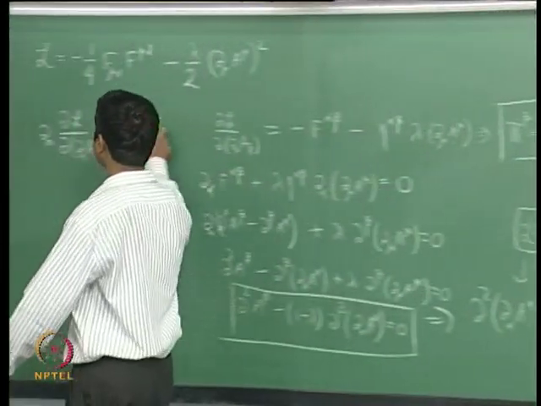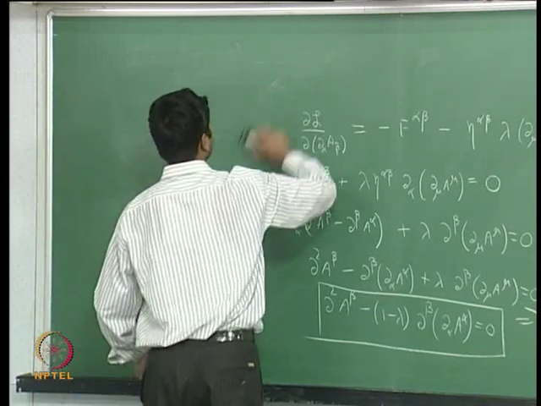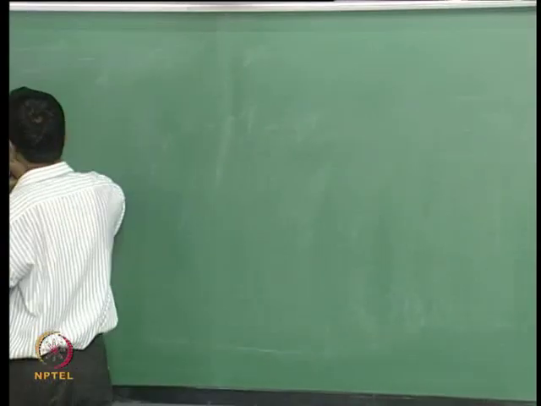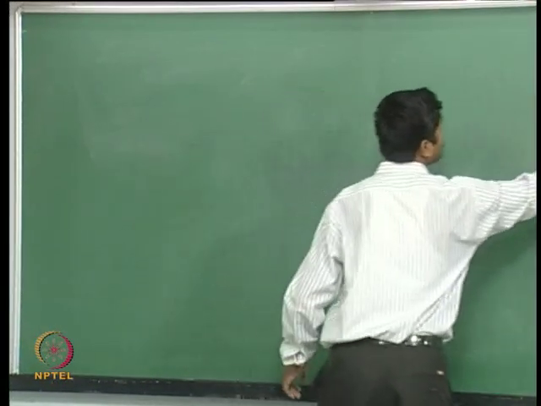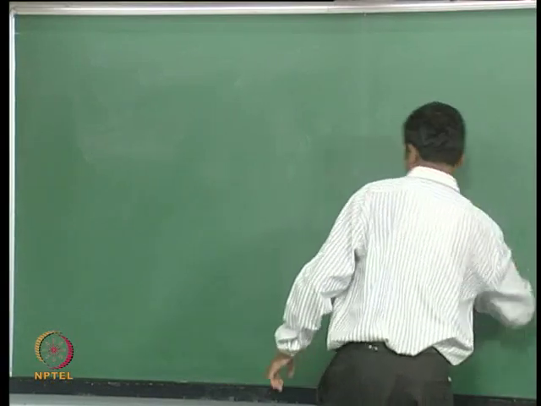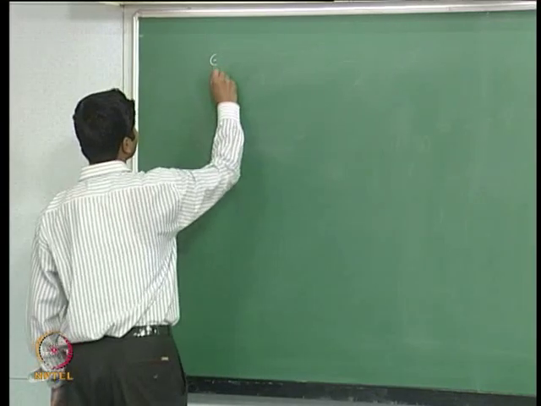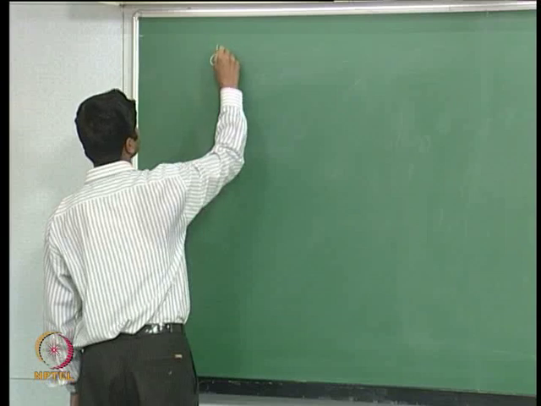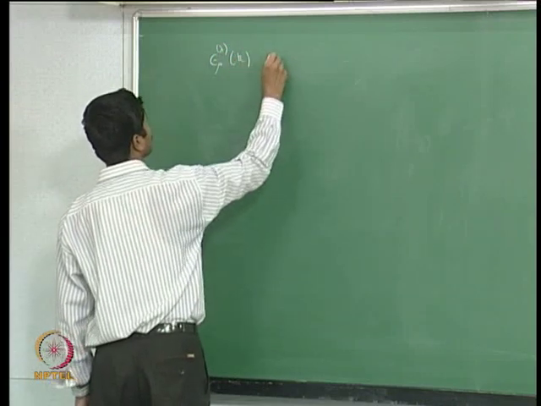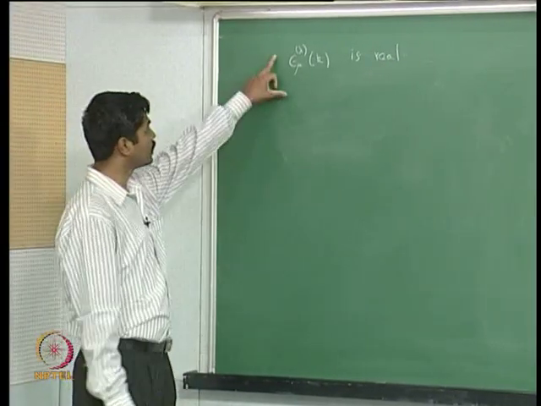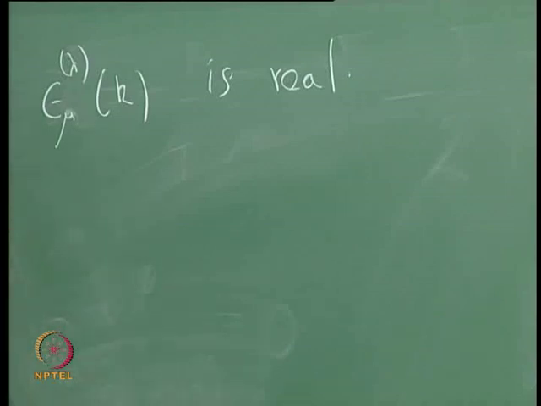Before we do that, we will make a choice for the polarizations. First of all, we will assume that the epsilons are real. Okay. So, epsilon mu lambda of k is real, and we will choose these polarizations such that, suppose n hat is a unit vector along the time direction. Okay.